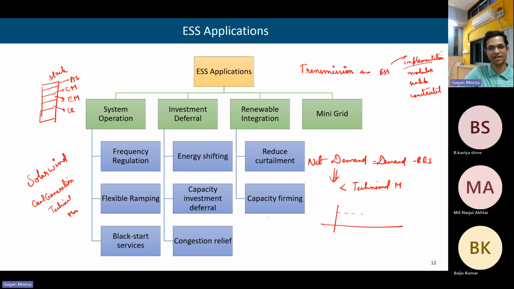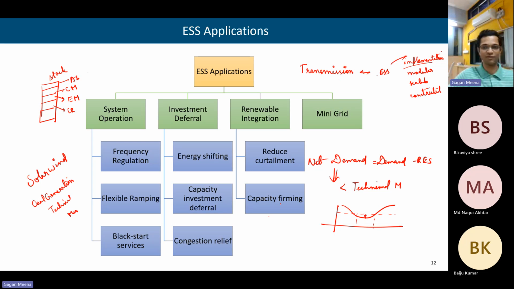Let's say this was the technical minimum of the coal generators, but the demand profile becomes like this during daytime when the solar penetration is quite high, during peak solar hours.